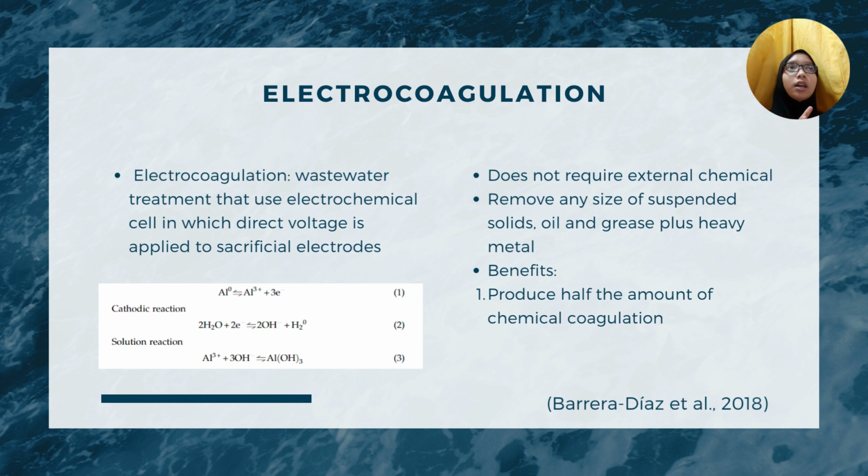As a benefit, it also produces only half the amount of sludge compared to the chemical coagulation process. So nowadays, it is normal for companies to start approaching this treatment. So this is a simple explanation of how electrocoagulation happens, and that's all from me.